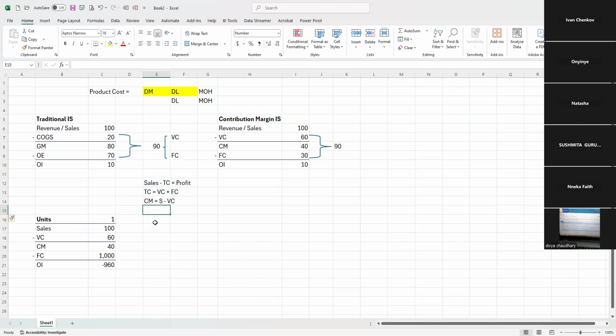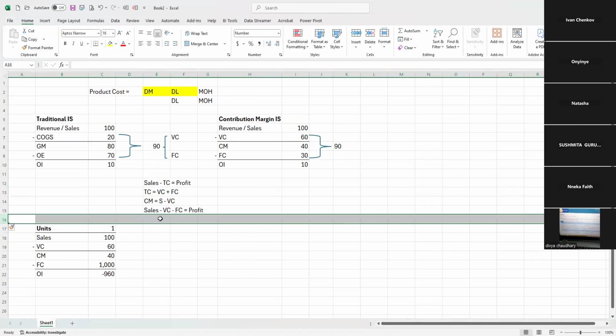So can I also say the sales minus the variable cost minus the fixed cost in reality is going to give me the profit? Yes. But we already saw that sales minus the variable cost, that's my contribution margin. Correct?